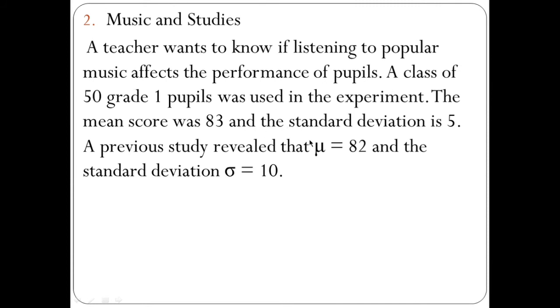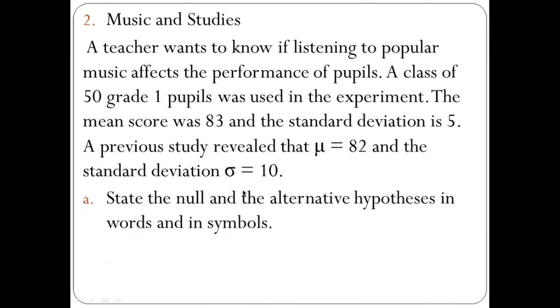Okay, so dito class, given na po dito yung mean and then standard deviation, which is 5. So, a previous study revealed that the mean is 82 and the standard deviation is 10. Okay, so previous study po to class ha. Yung ngayon is 83 and SD is 5. So, sa previous, the mean is 82 and the SD is equal to 10.